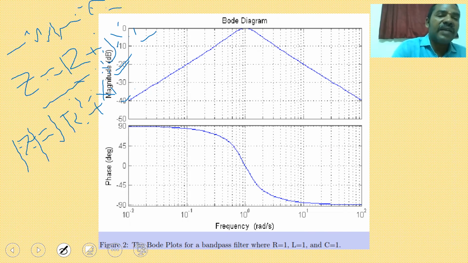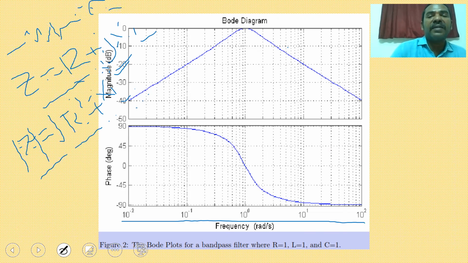XL is L omega. So for different values of omega, we are calculating the magnitude. Let us assume the plot will be like this.